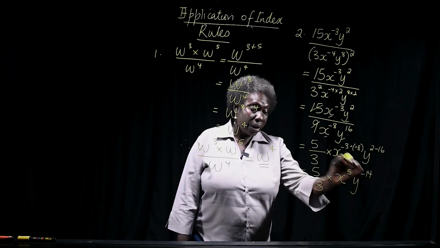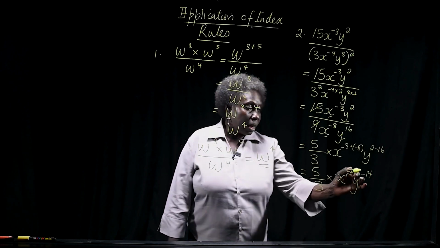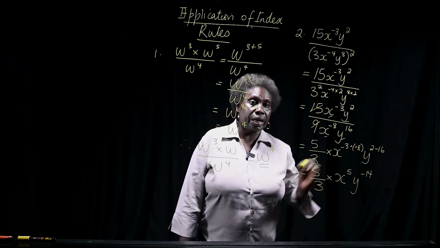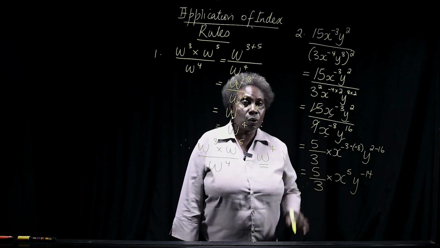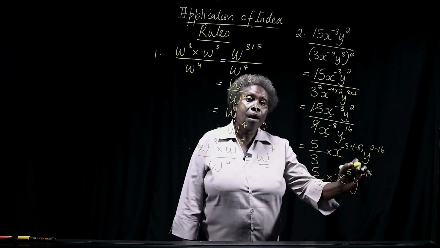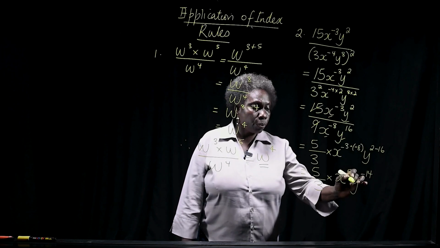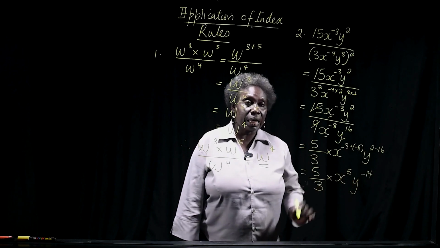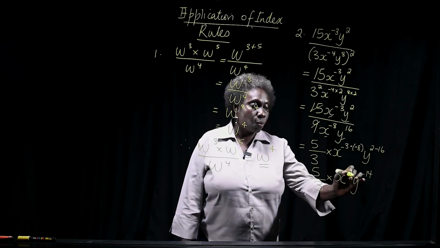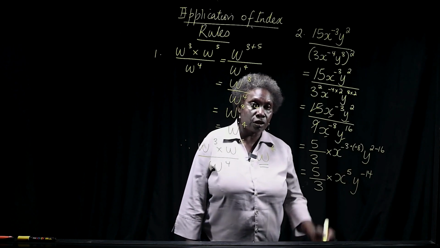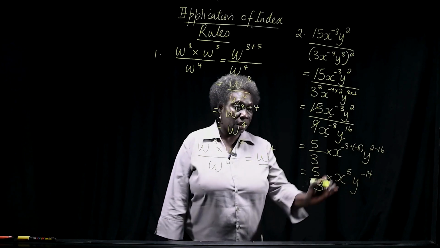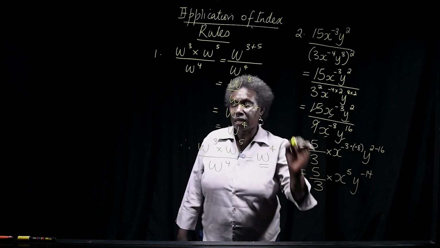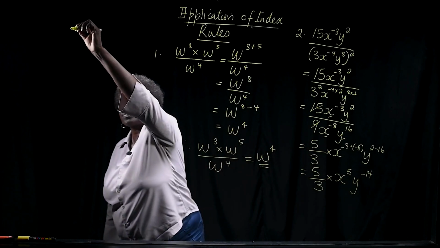When I am left with an answer which is raised to a negative power, I must always change that to a positive power. How do we change that? We refer to our law on negative index to change y to the power of negative 14 to a positive index. So this is what I'm going to do. We bring this to this side here.